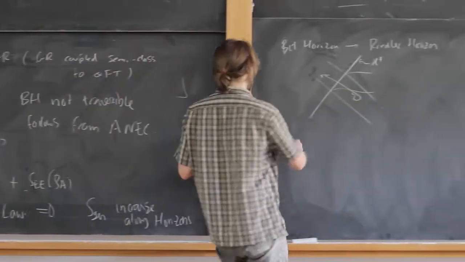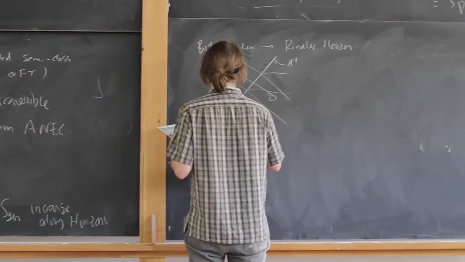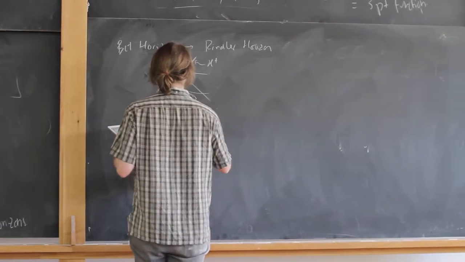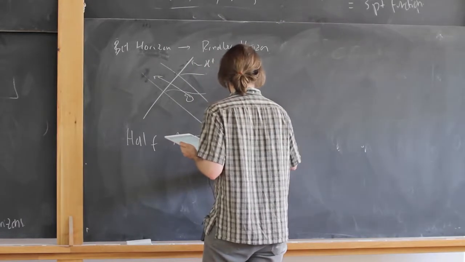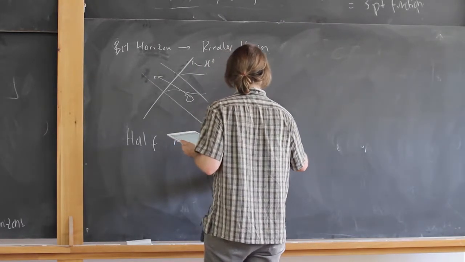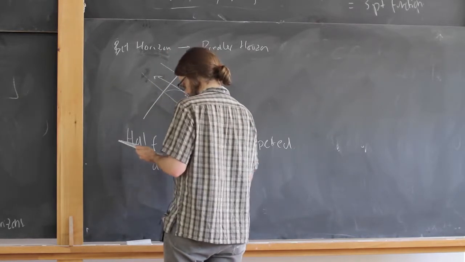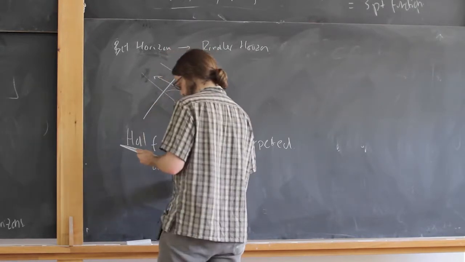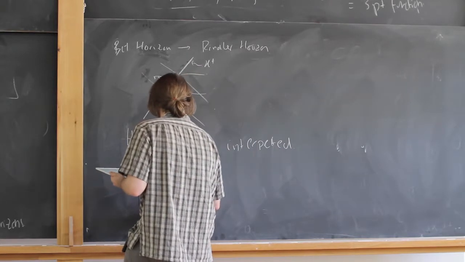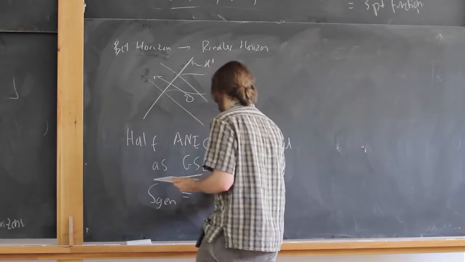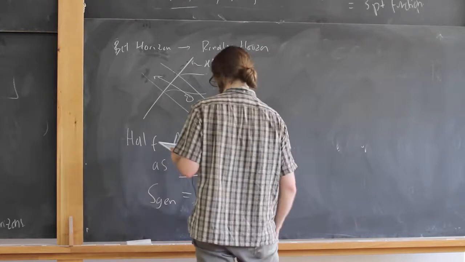I'm not going to go through the details in lieu of time, but basically the generalized entropy gets mapped to this relative entropy plus some constant.